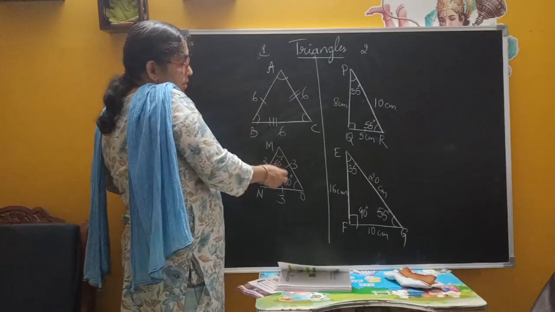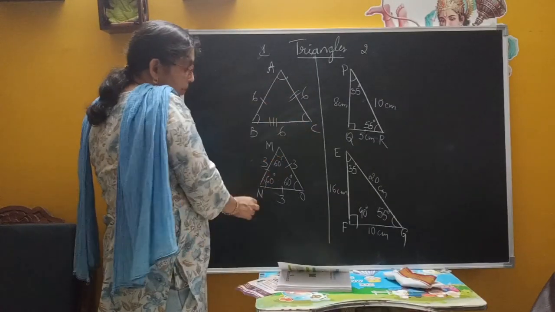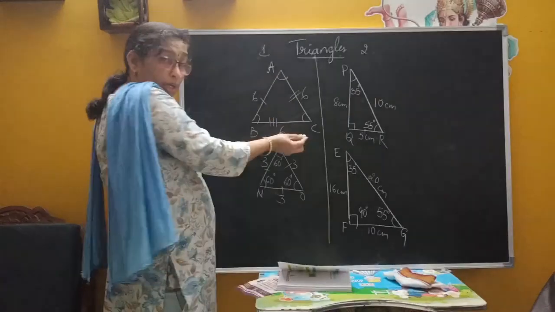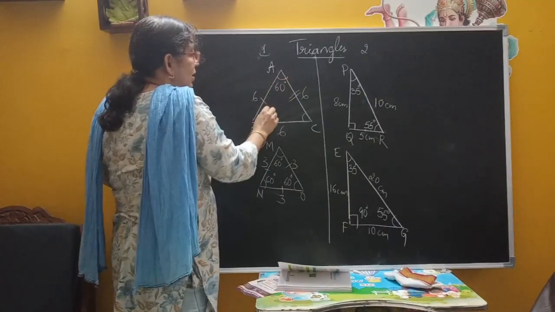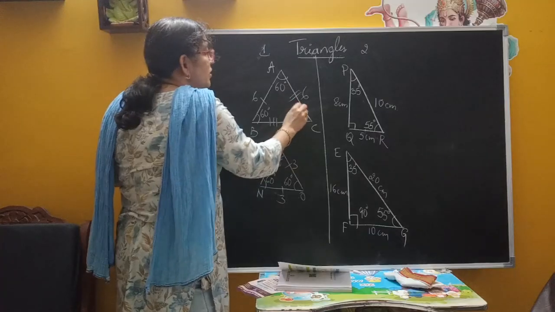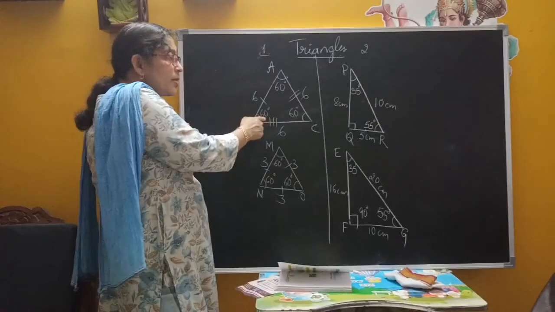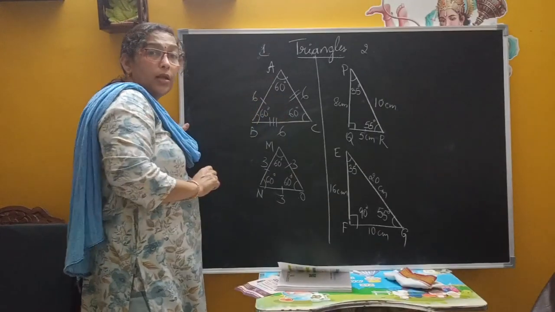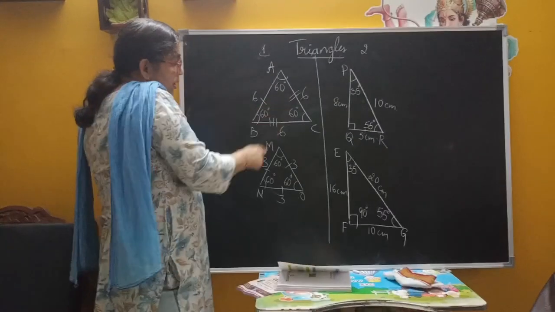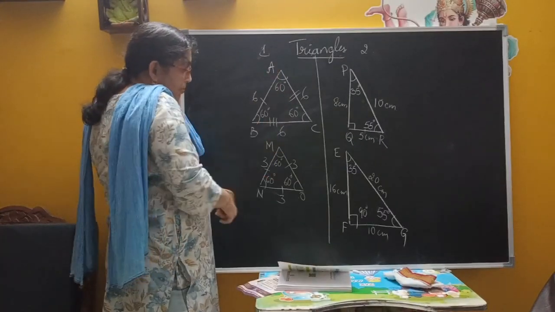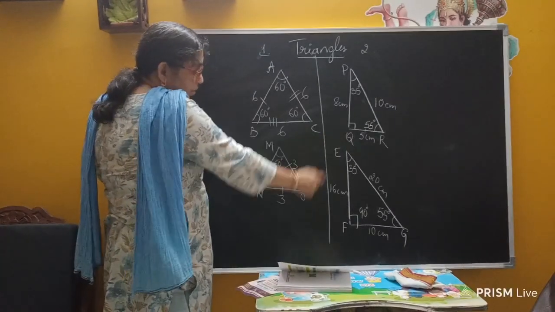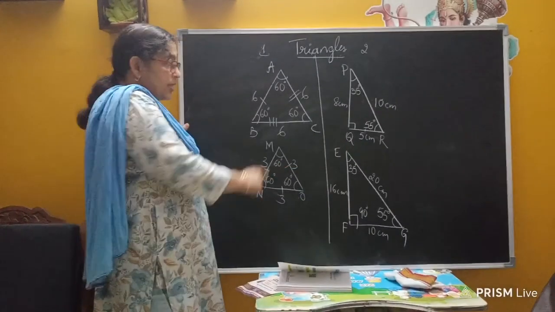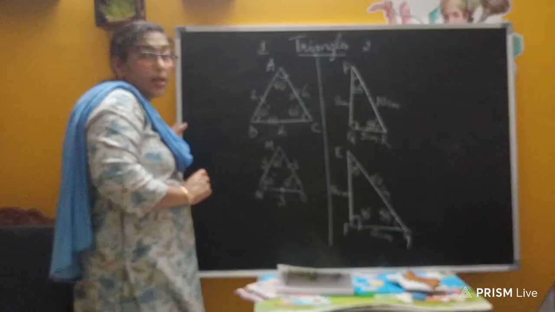All angles in ABC and in MNO, both are equilateral triangles, so they are equiangular also, 60 degree each. All angles are equal. Angle A is equal to angle M, angle B is equal to angle N, and angle C is equal to angle O. These corresponding angles are equal.